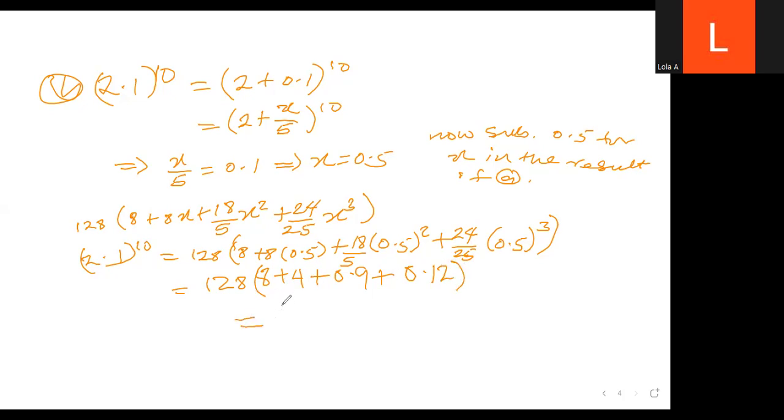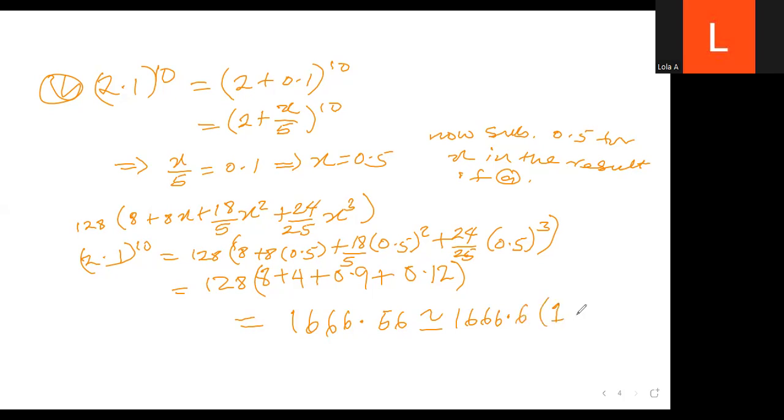So if you add everything together and you multiply by 128, that's what I want to do now. So 0.12 plus 0.9 plus 4 plus 8 times 128. That's going to give us 1666.56. So which you can approximately say is 1666.6.